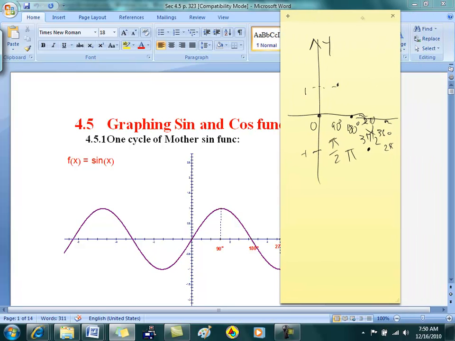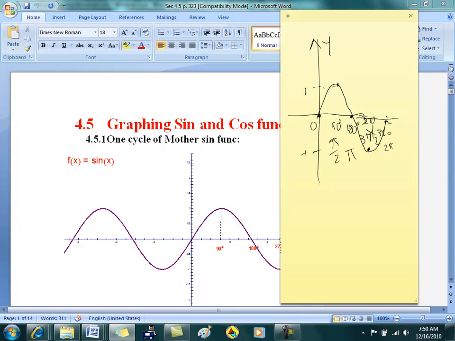So if you look at the graph, it looks like this. This is the mother sine function. And that is one cycle, or one period. Guys with me on this? So you can see that what I've got are the quadrantal angles: 0, 90, 180, 270, and 360.